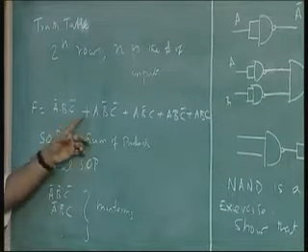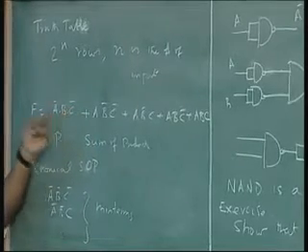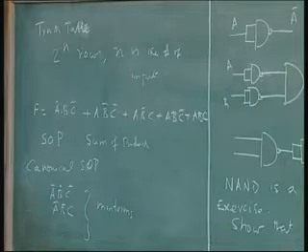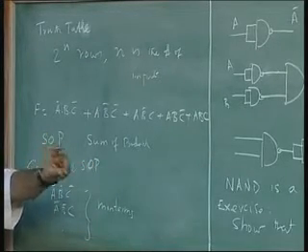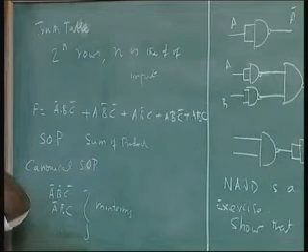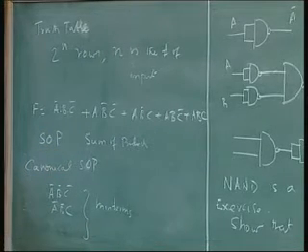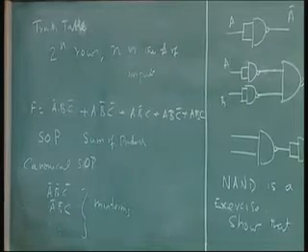But if in each of these terms all the variables are present, either in the true form or the complement form, it is called a canonical sum of products. That is what you can directly obtain from the truth table, and simplify it to get the minimum sum of products, or it need not be minimum. You can simplify to get a sum of products. If you simplify it long enough, you will get the minimum sum of products, and that can be implemented using hardware.